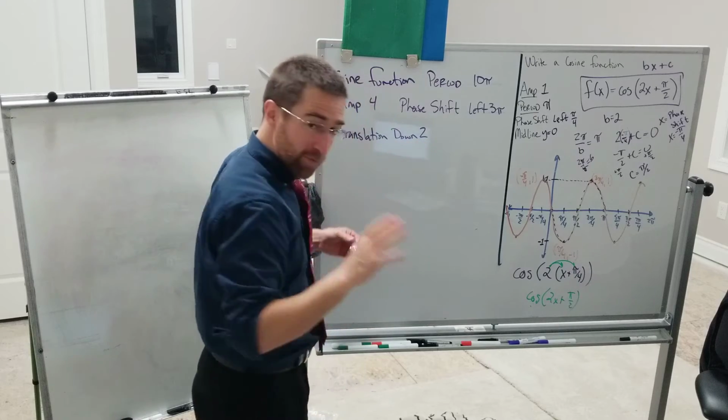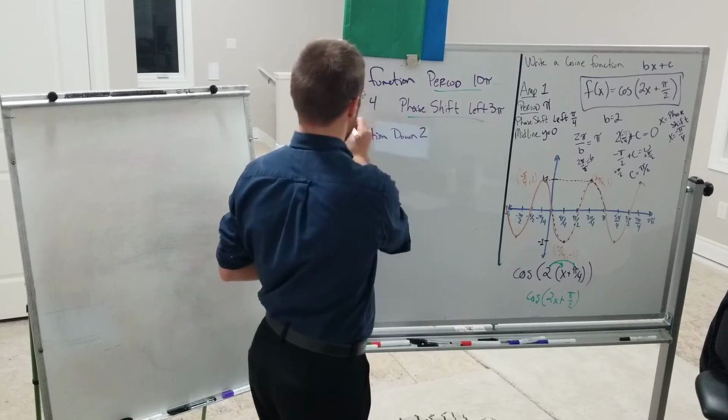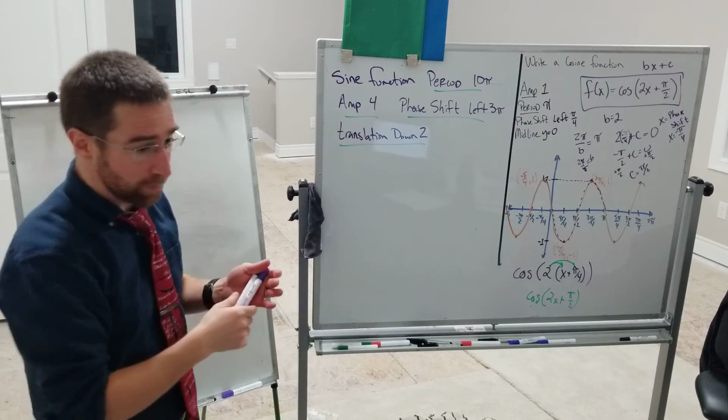All right, so we have these 4 pieces of information, talking about our period, our phase shift, our amplitude, and our midline. That translation is our midline.